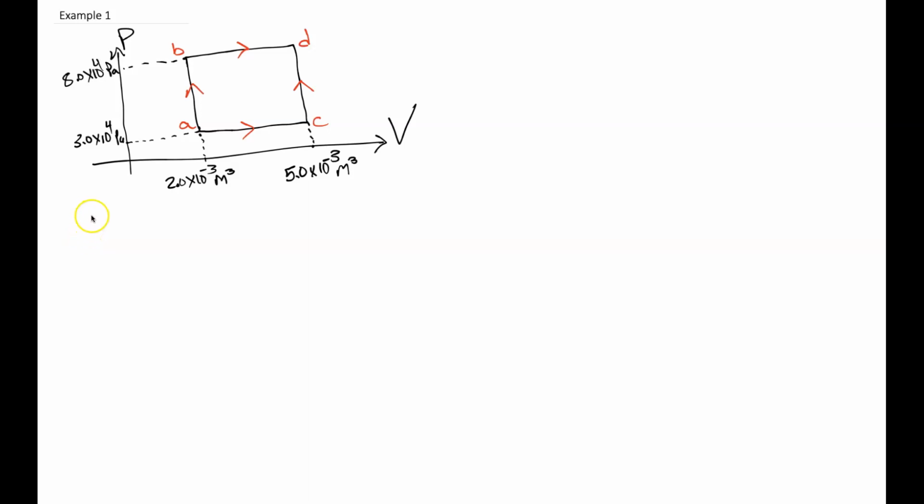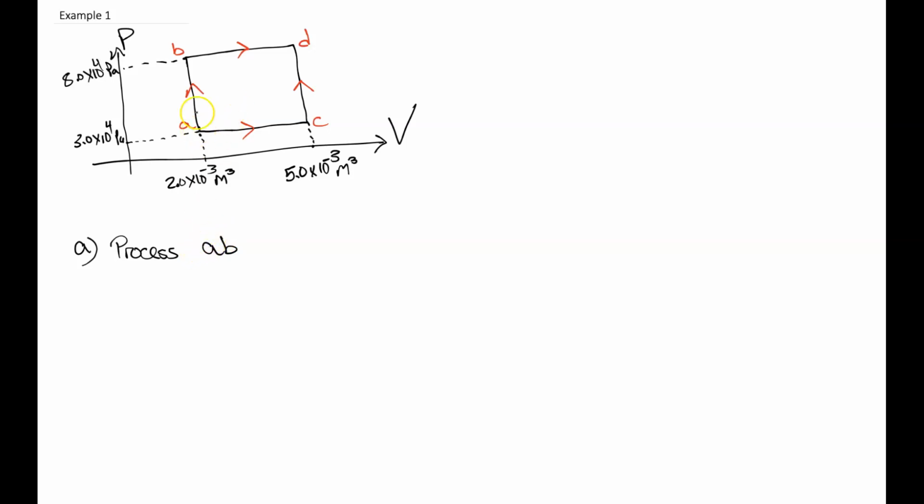We have a PV pressure volume diagram given, and we have some questions about it. So for part A, we are looking at the process from A to B, and we want the change in internal energy.